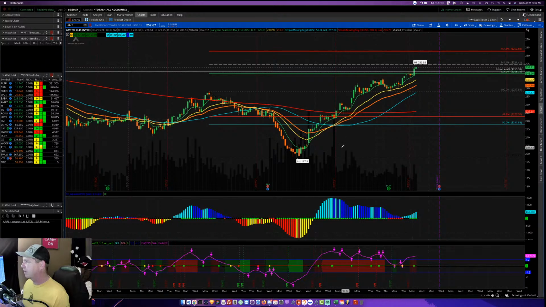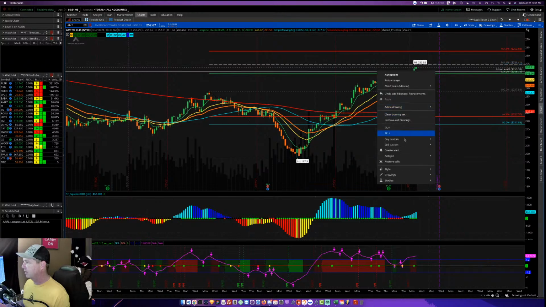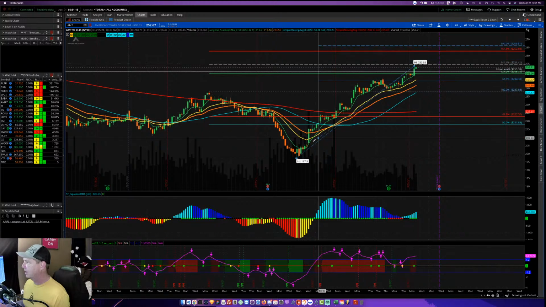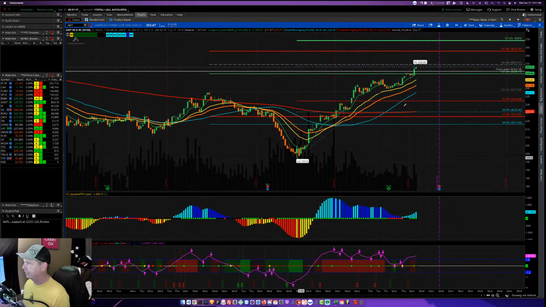I'm going to drop in a 127 retracement, and an extension from that previous high. Try that again, drop in an extension, low to high to low. Gives me some targets.